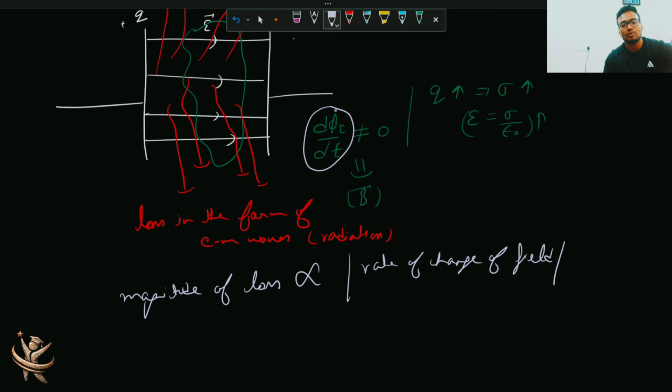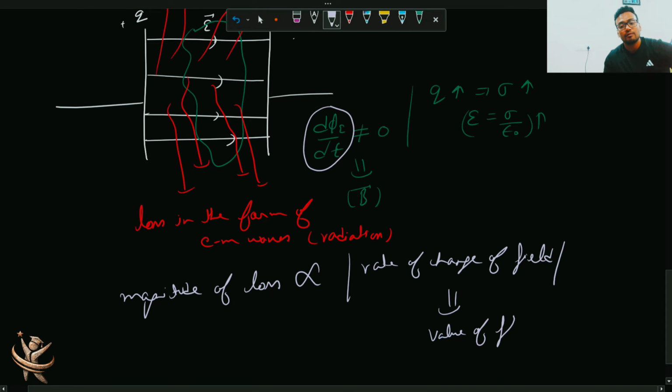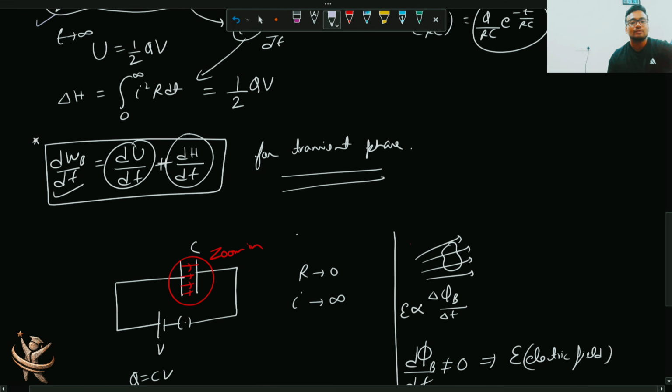Basically B is proportional to this. So the larger the rate of change, that is, when there is a large change in electrostatic flux, that will generate a stronger magnetic field, and hence a stronger electromagnetic wave. So the magnitude of loss is proportional to the rate of change of field, right? And this rate further depends on the value of flux, right?